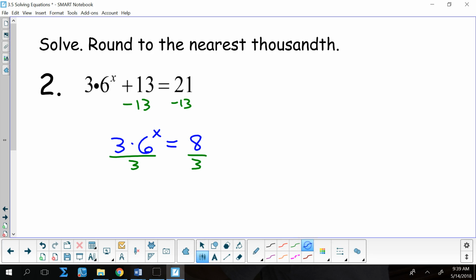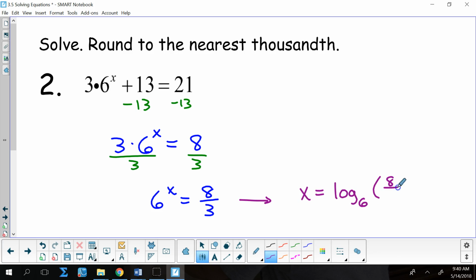That's going to give me 6 to the x power equals 8/3. Switch forms with that. So then this becomes x equals log base 6 of 8/3.